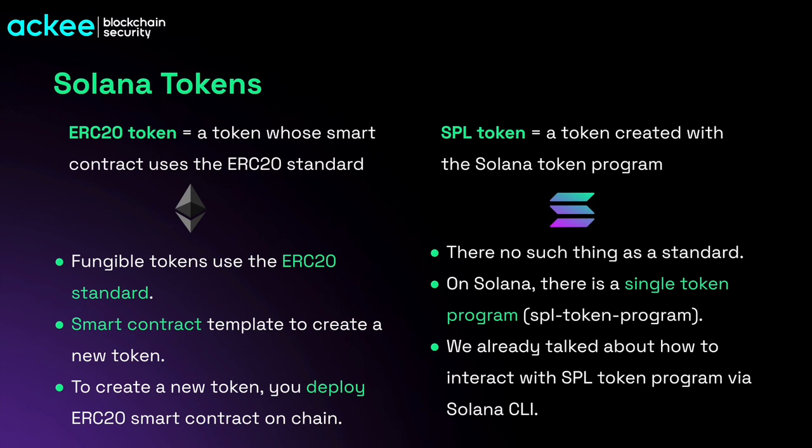There is no such thing as a standard. On Solana, there is a single token program that is already pre-deployed for us, and we already talked about how we can interact with SPL tokens via the Solana CLI, but we can obviously interact with that program in any other way that we want to.